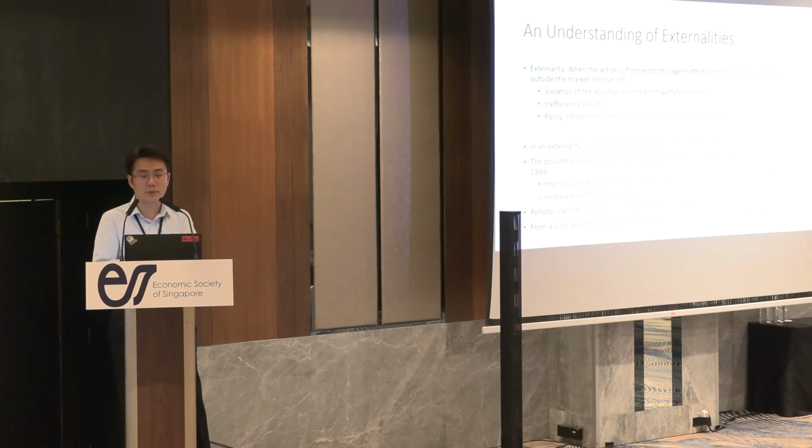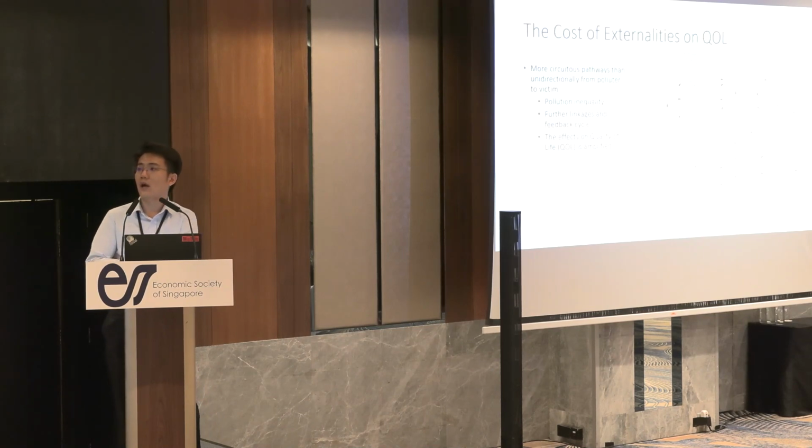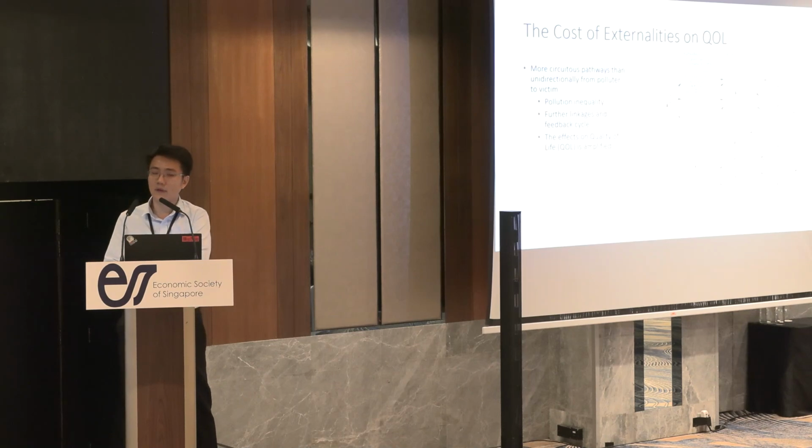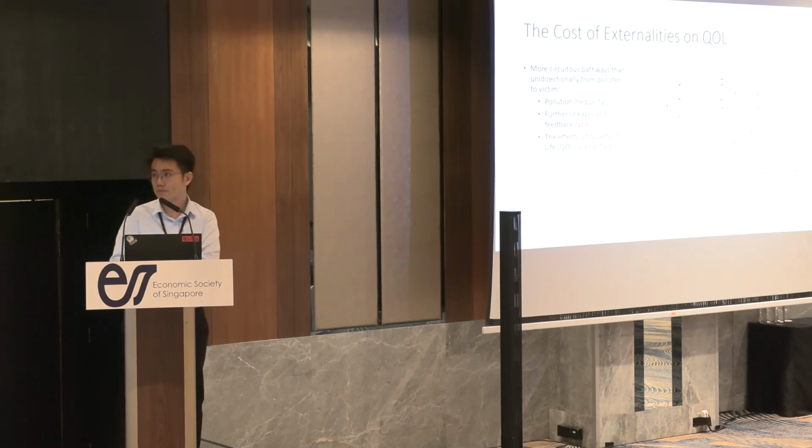So if you consider the profits that the producer and the polluter enjoys, externality goes down, but it's of course not a very clear-cut case where there is a unilateral transfer of cost from the polluter to the victim.